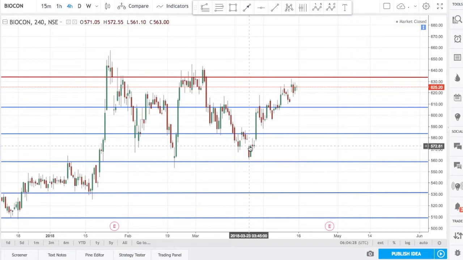And fortunately, we have got one in the form of a cypher pattern. Let me draw and illustrate it to you.